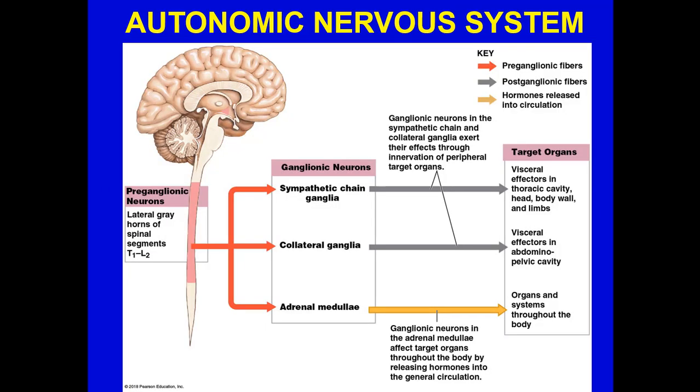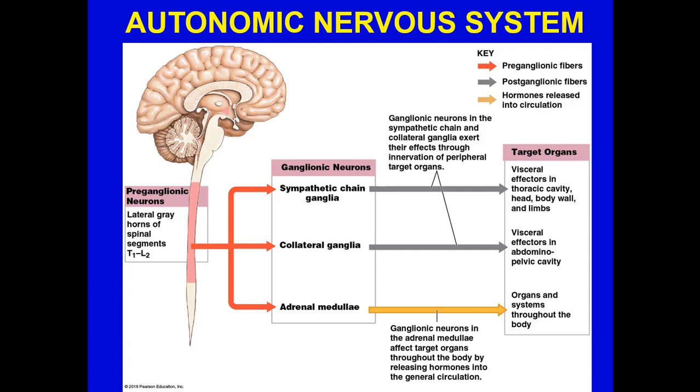Now, when you look at preganglionic neurons, think about it this way. If one was to talk about the somatic nervous system, that's basically where you're having conscious control of skeletal muscles. You don't need multiple layers of neurons. You have one neuron leave the spinal cord and have its motor end plate connected to a muscle.